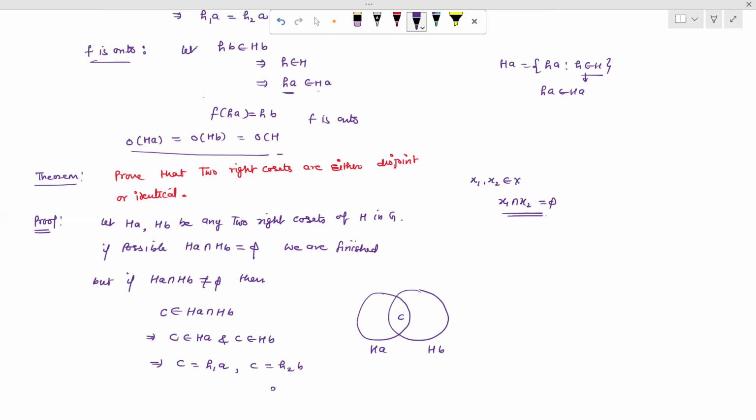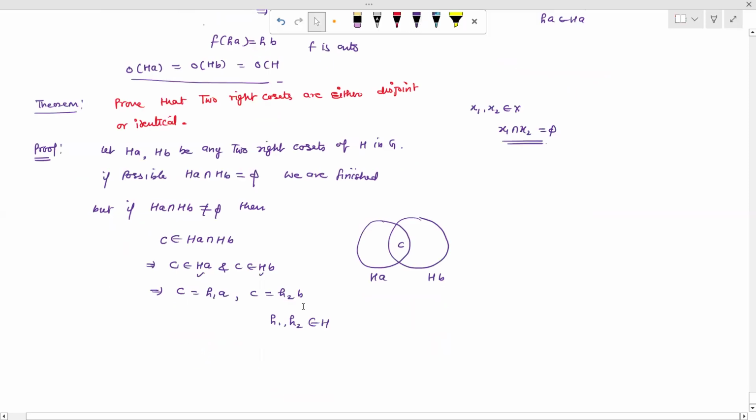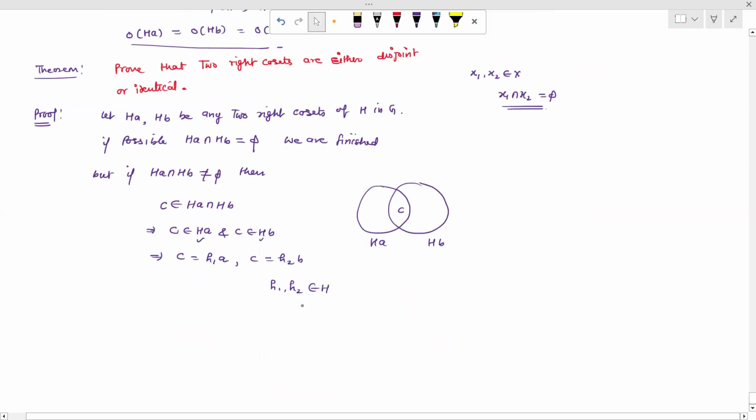We consider H1 and H2 both as members of H. So first H1 belongs to H and second H2 belongs to H. So when we consider C equal to H1A and C equal to H2B, we can write H1A is equal to H2B.